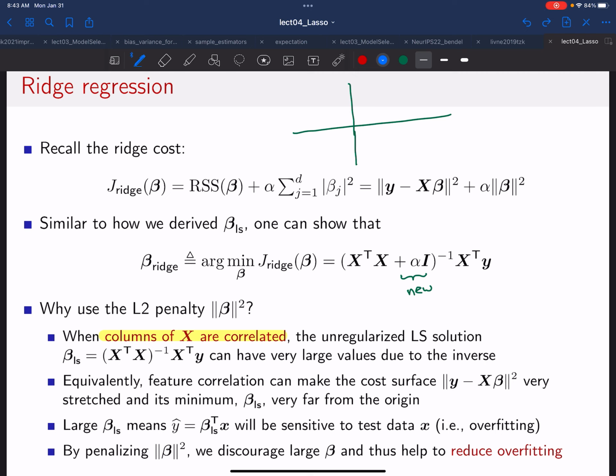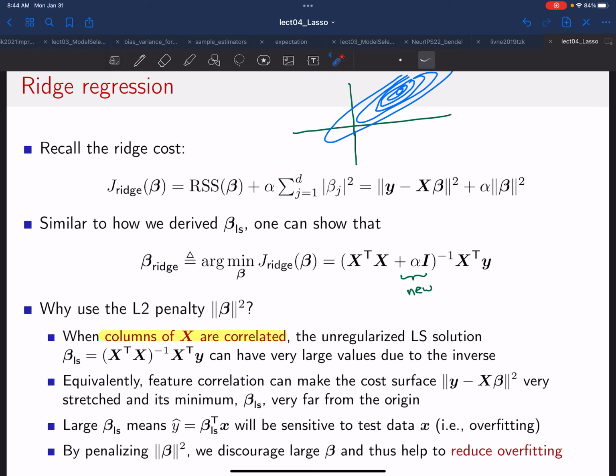If you have data that is highly correlated, then the squared loss has contours that look like this. They start to get very, very stretched out. And in fact, if they get perfectly correlated, which happens when this becomes singular, then you have just a perfect line here, and all the points on the line are equally good at minimizing RSS.